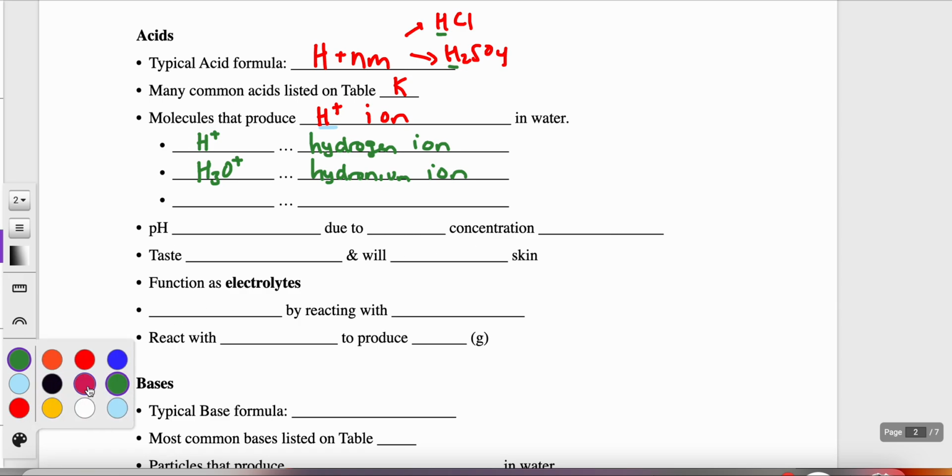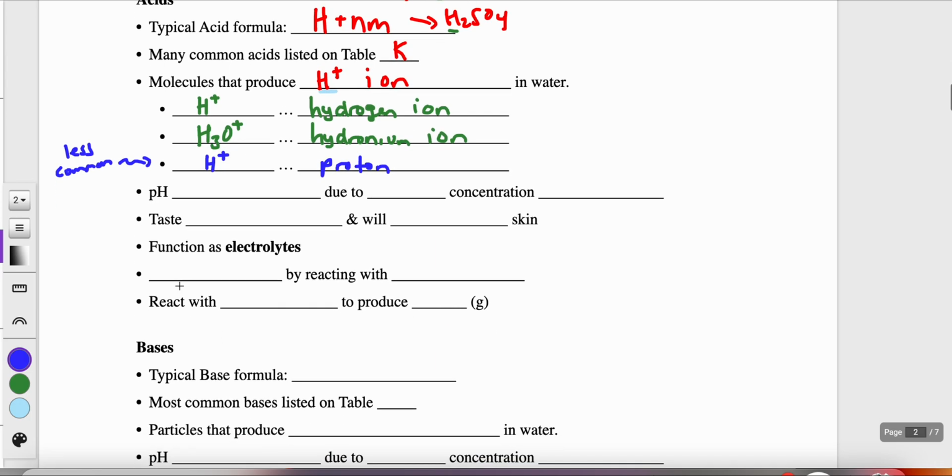Okay, and a lesser known way, but I'm going to throw it out there, is that the H plus can also be referred to as a proton, because the only thing that is left in the structure of this is the proton in the nucleus. The only electron has been stripped away. This is less common for us.